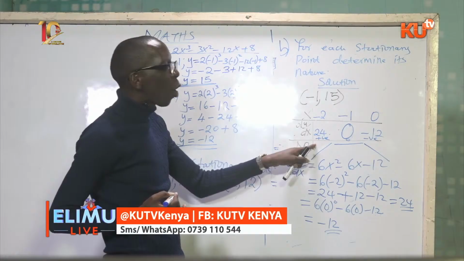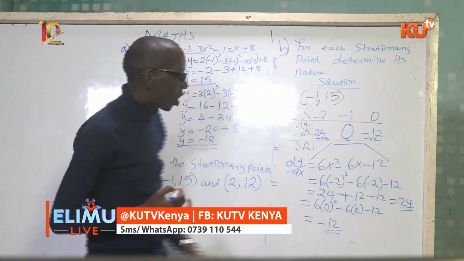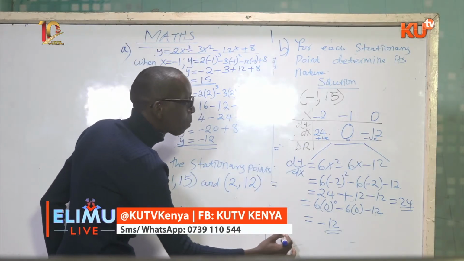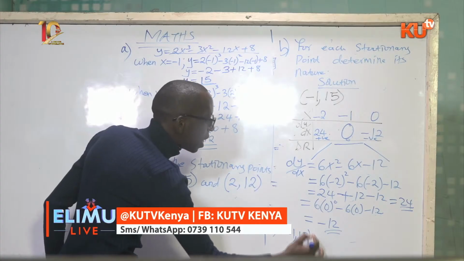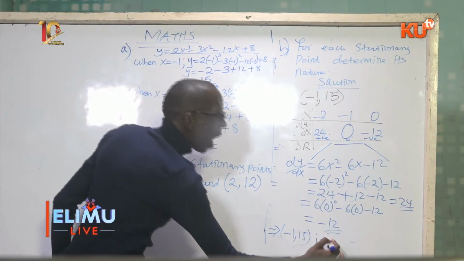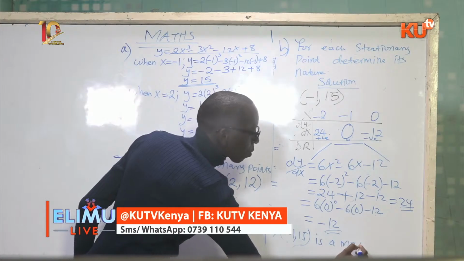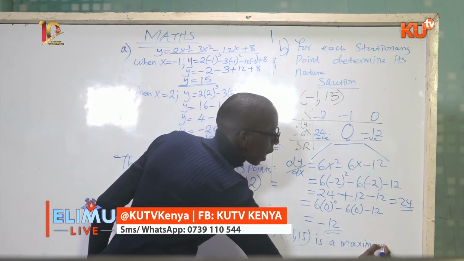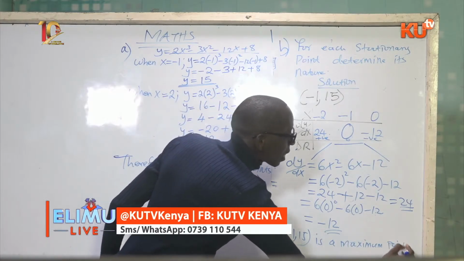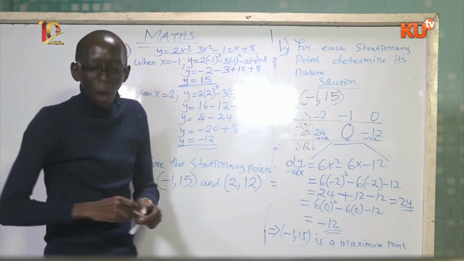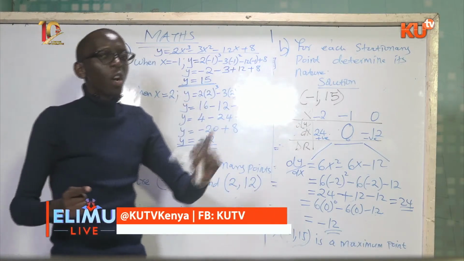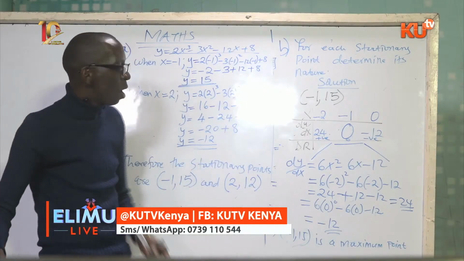If we get positive, 0, negative, we'll conclude and say negative 1, 15 is a maximum point. When we get positive, 0, negative, it's a maximum point.